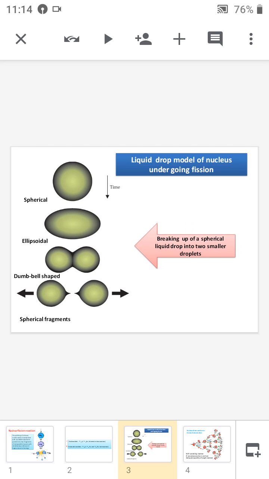We know that the dumbbell shape is highly unstable due to the repulsion of the positively charged nuclei at the two ends of the dumbbell.